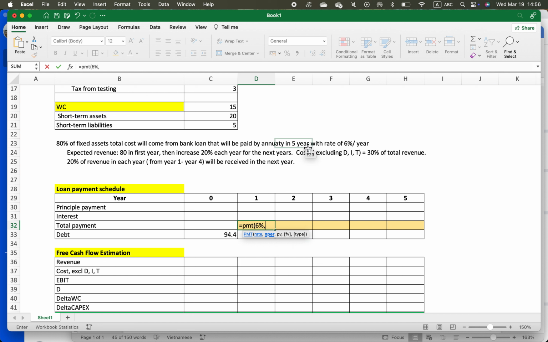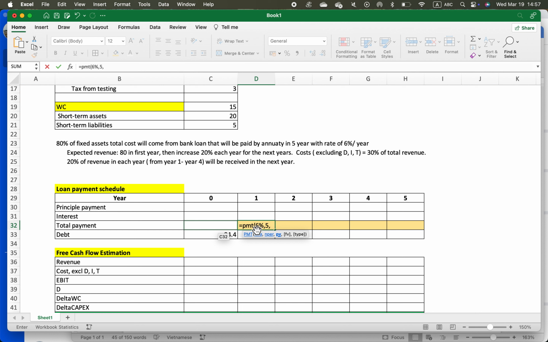In here we have 5 years, so we have 5 same payments. Okay, so it's 5, and then the PV is the amount of money you get now. That's the amount of loan, the value of the bank loan, which is 94.4.